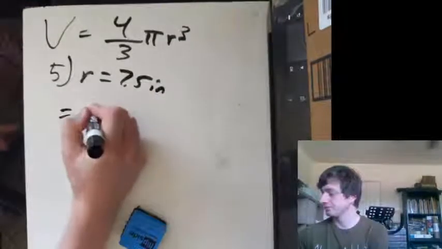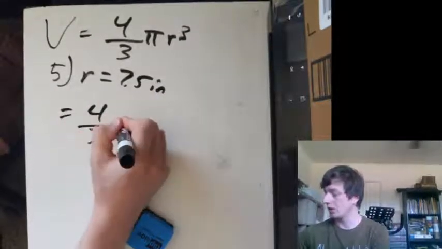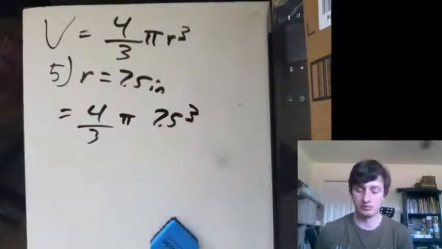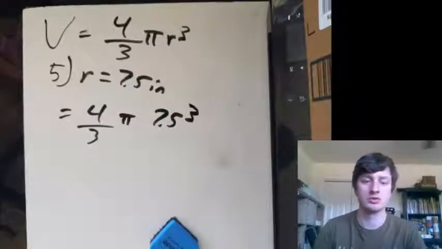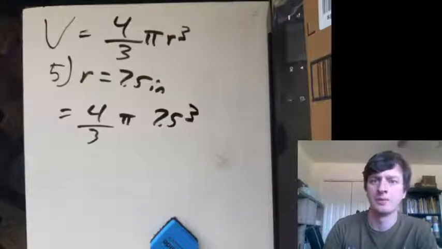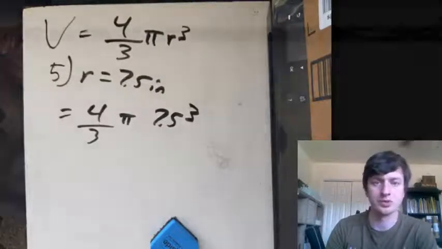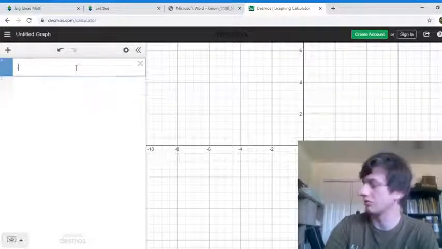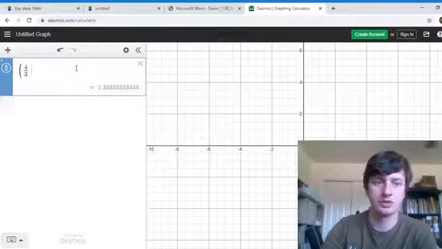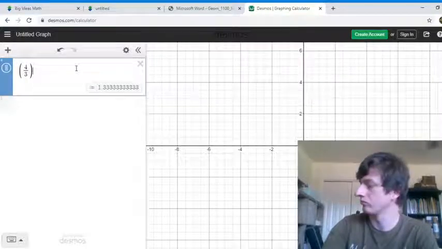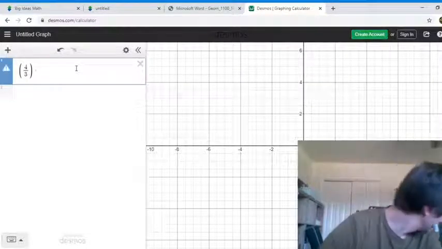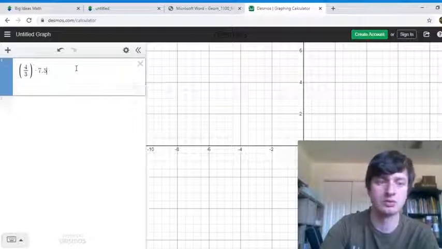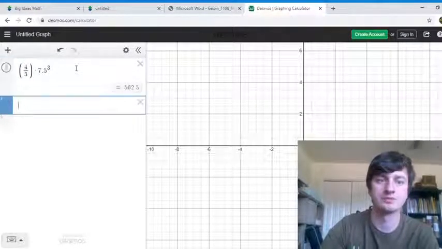So it's 4/3 pi 7.5 cubed, and we're going to use a calculator. Okay, so I'm going to do this in terms of pi. Here's Desmos. It's a previous function. We're going to do 4 divided by 3 times 7.5 to the third power.